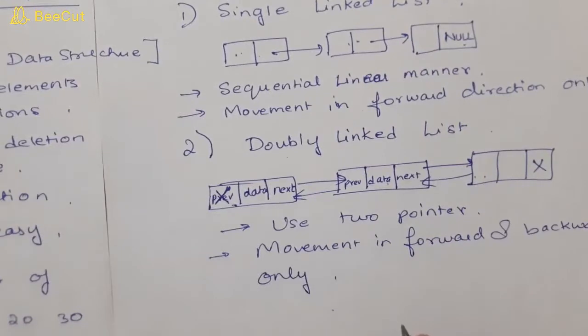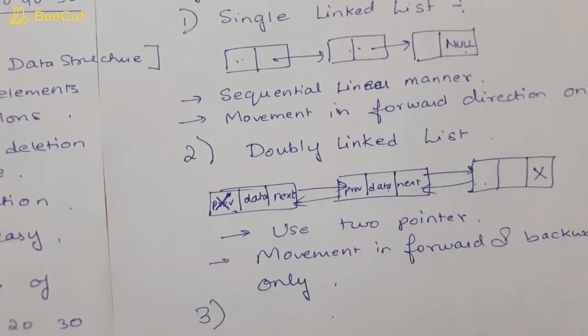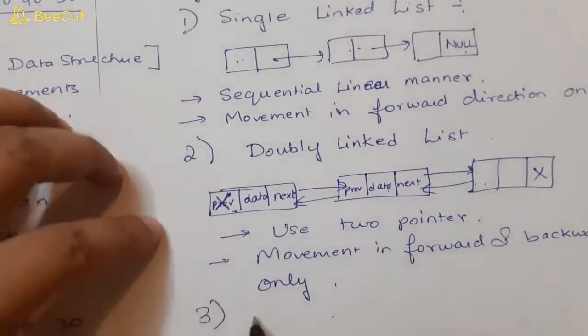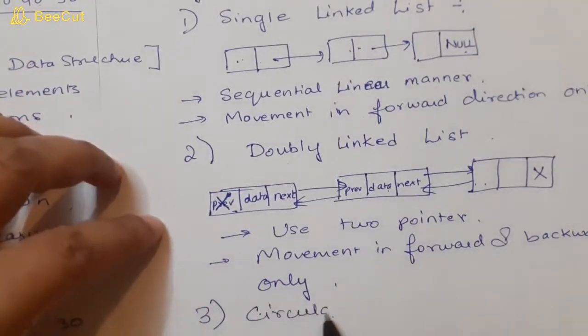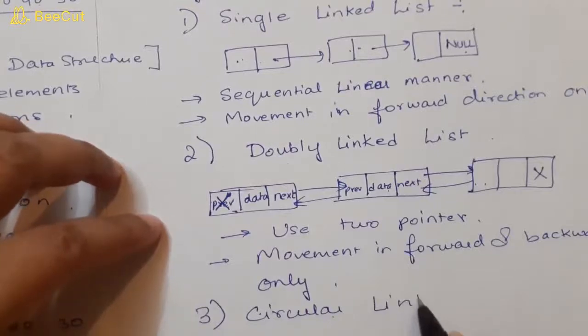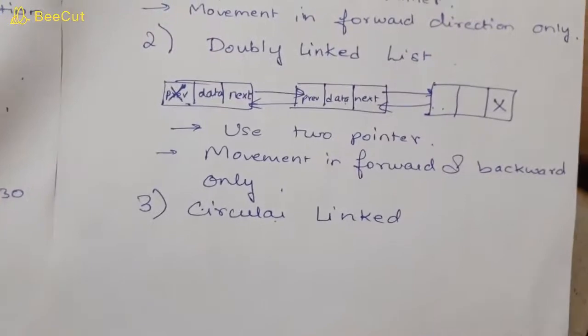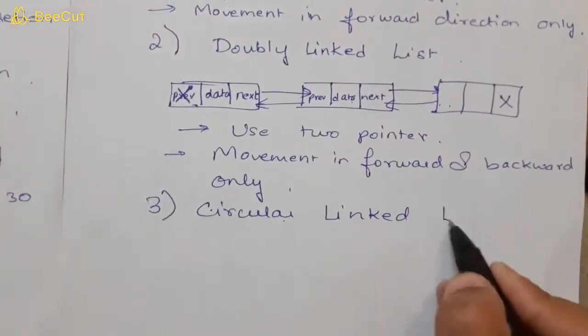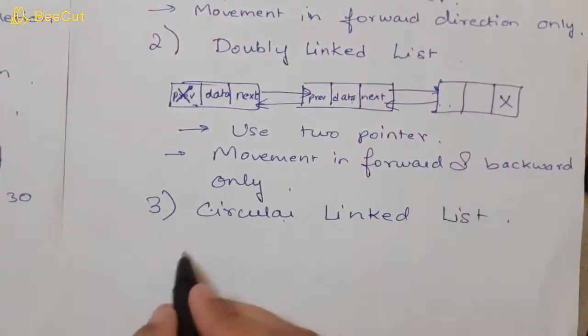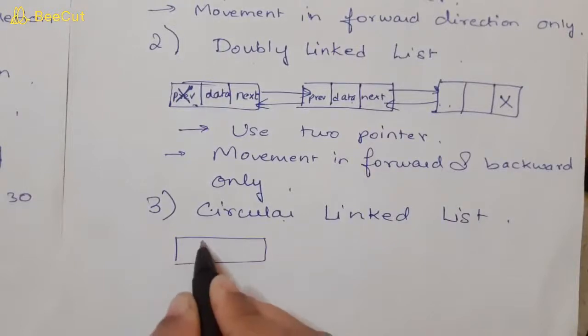Then the third type of linked list is the circular linked list. In case of a circular linked list, we are having nodes.